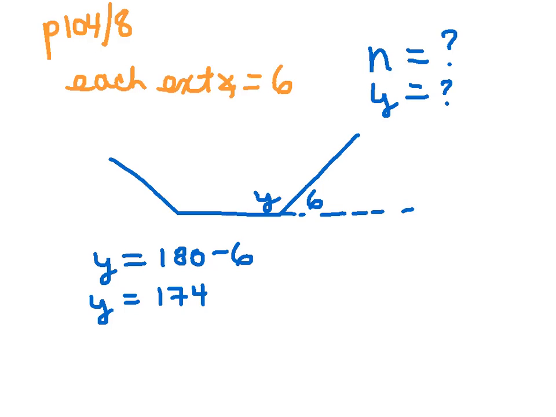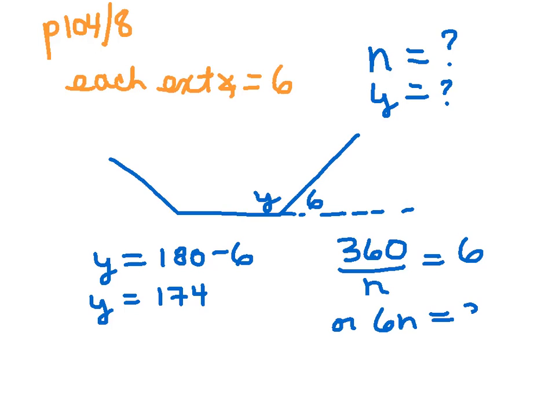So each interior angle is 174, so this is really wide, so it probably has a lot of sides. Well, how many sides? We know 360 divided by the number of sides has to equal 6, right? Or 6 times the number of sides has to equal 360, because each exterior angle is 6, and there's 1 at every vertex, and there are n vertices.